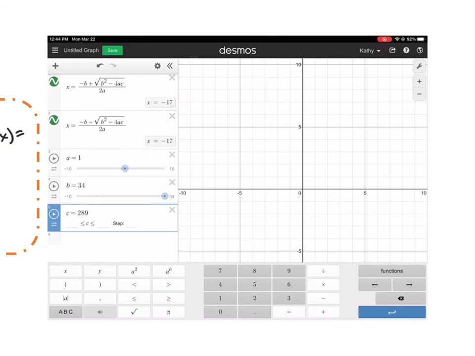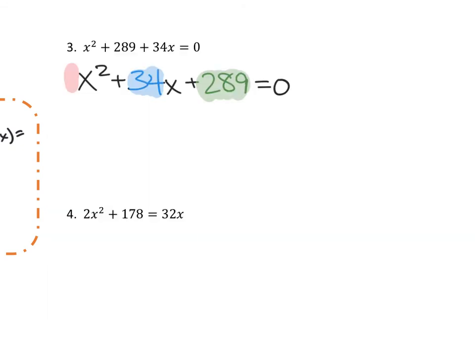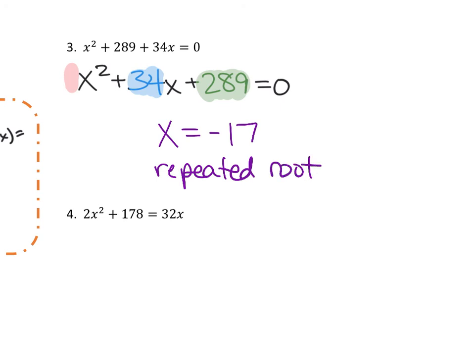So we know that the solution here is exactly negative 17 and that this is a repeated root. If we were to graph this quadratic, it would only touch the x-axis. It wouldn't go through it and come back. It would just touch it at negative 17. You don't really need to know that part, but it's good to know. It's called a repeated root.